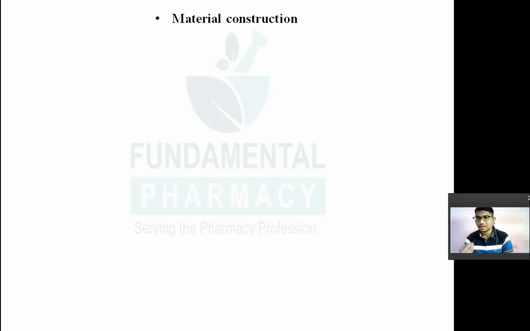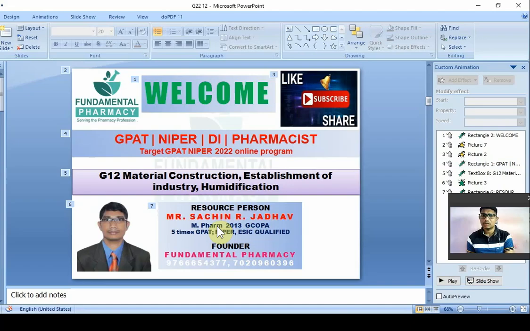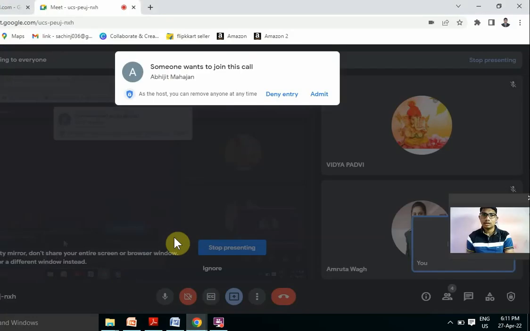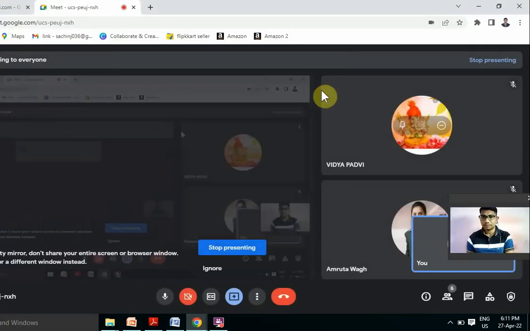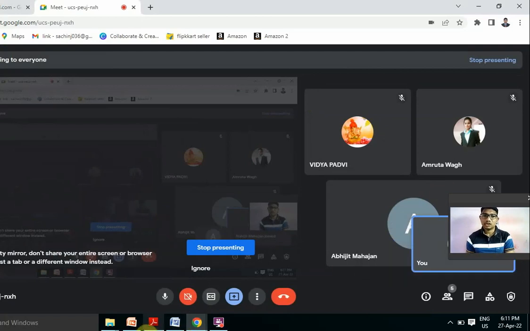जो भी pharmaceutical industry में लगने वाले equipments होते हैं, जैसे boiler हो गया आपका, या फिर evaporator हो गया, या फिर distillation unit हो गया, distillation still हो गया, any support हो गया, pharmaceutical support, pipes, iron, etc. So whatever the different types of construction or different types of equipment you are using in the industry, they will be constructed by using various kinds of material.